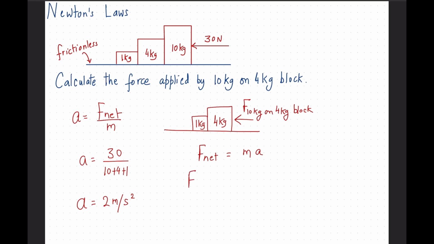So the force which is acting on them is the force because of the 10 kg. So the force of the 10 kg on the 4 kg block equals the total mass, so 4 plus 1, multiplied by the acceleration, 2, which we already calculated. So that's 5 times 2, which is equal to 10 Newton. We can also do it separately for the 1 kg and 4 kg, drawing the free body diagram for the 1 kg and 4 kg separately. We'll get the same answer.